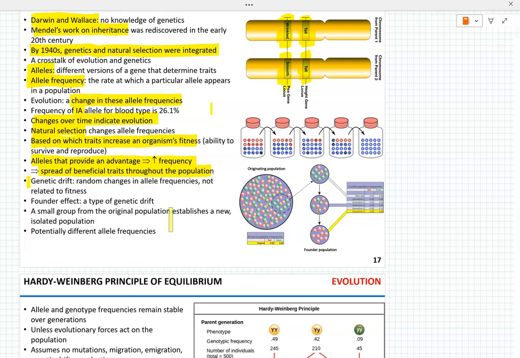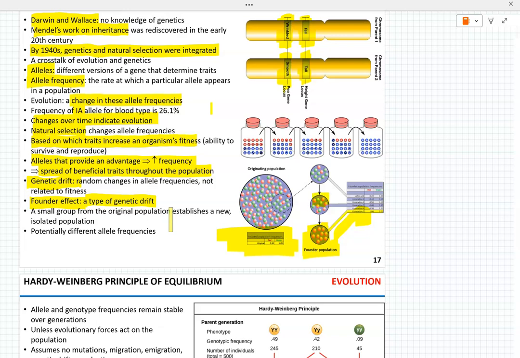Populations experience genetic drift, which is just random changes in the frequency of alleles due to pure chance, not selective pressure. For example, one type of genetic drift is the founder effect. So here you can see a founder population that consists entirely of, let's call them red organisms, while in the original population there were both green and red organisms.